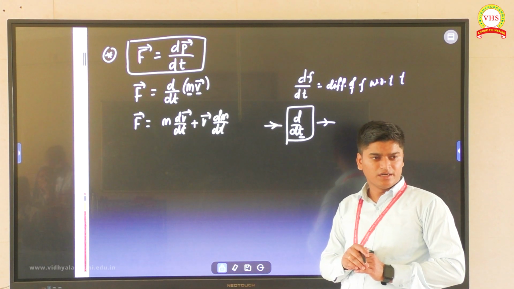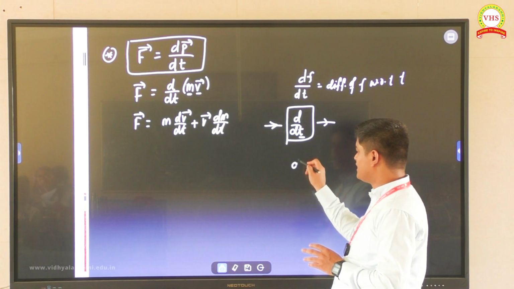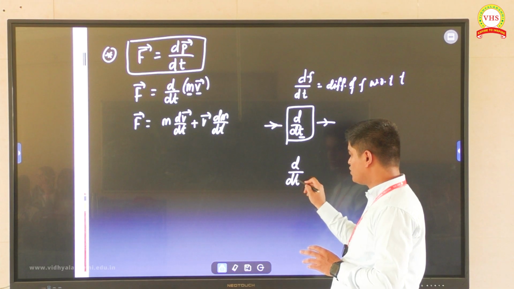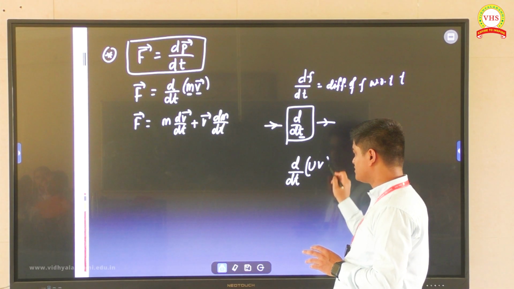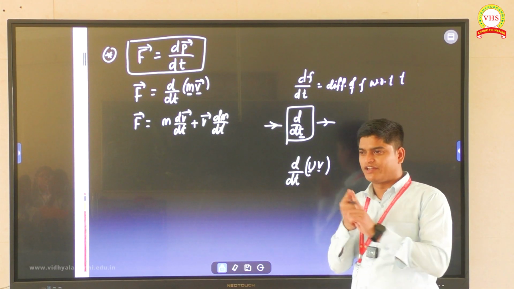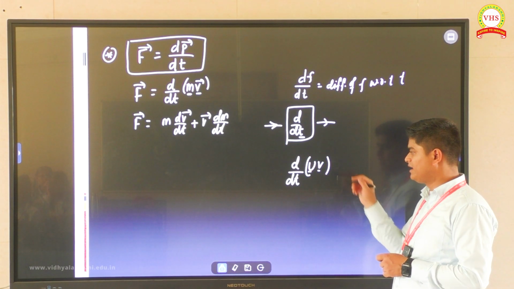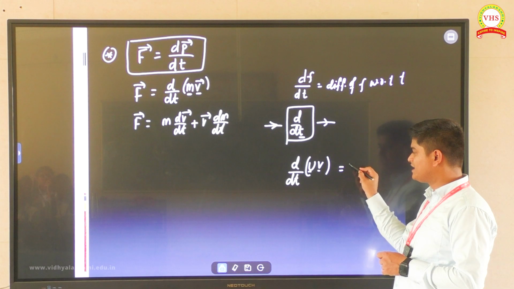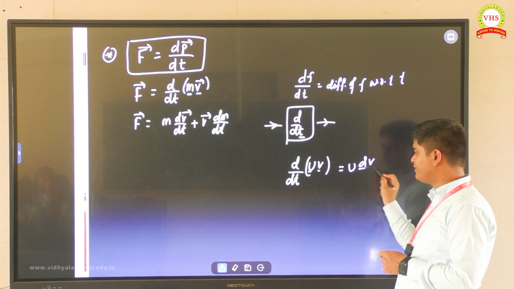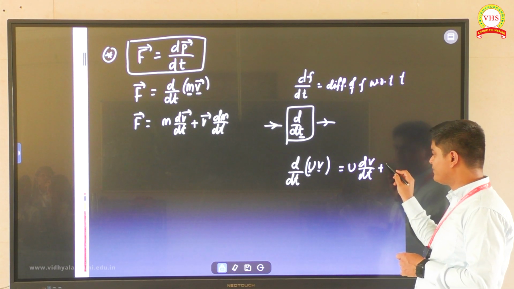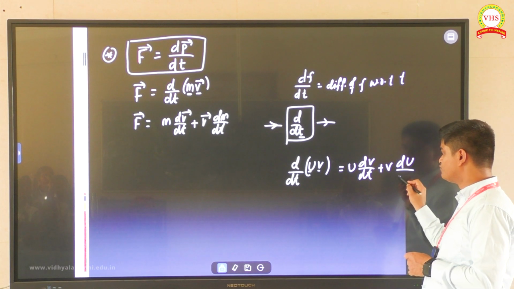Now, if I do d by dt of u into v, so two physical quantities multiplied, and I take that differentiation, then what will I write? First I'll keep u and differentiate v. Next I'll keep v and differentiate u. Did you understand?